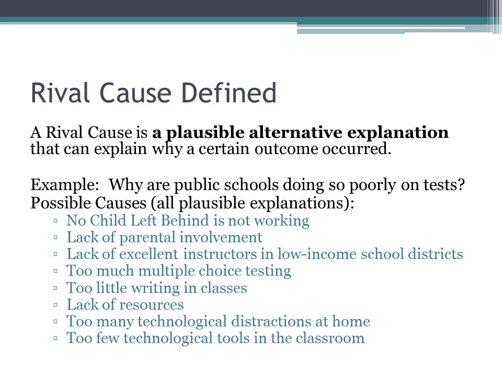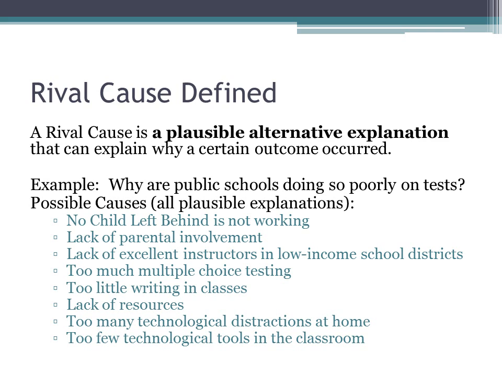Lack of parental involvement. Lack of excellent instructors in low-income school districts. Too much multiple choice testing. Too little writing in classes, lack of resources, too many technological distractions at home, and too few technological tools in the classroom. All of these are possible causes.